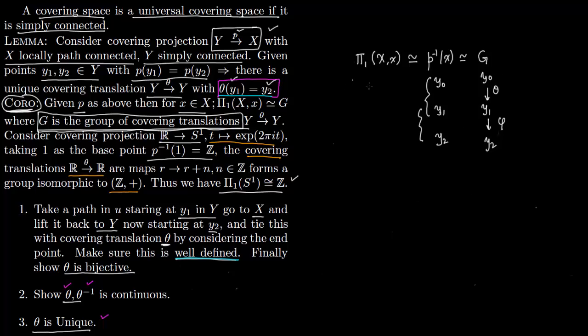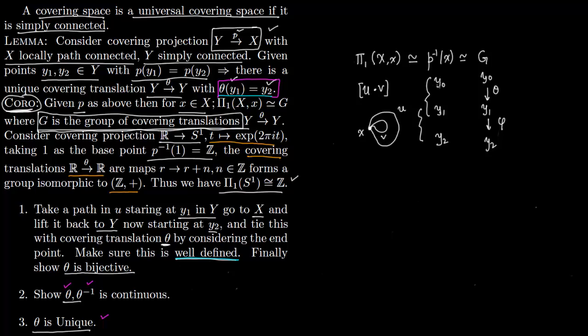Now correspondingly in the fundamental group you have loops here. You have 2 loops, say u and v, on this base point x. So say you have this loop u and then you have some loop v.